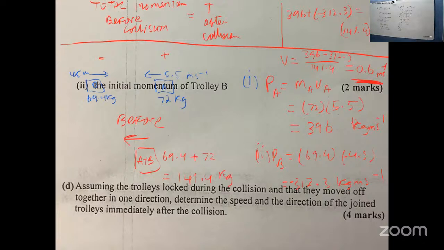That's your final answer. So tell them 0.6 meters per second to the west. If you got negative, maybe you switch it around.